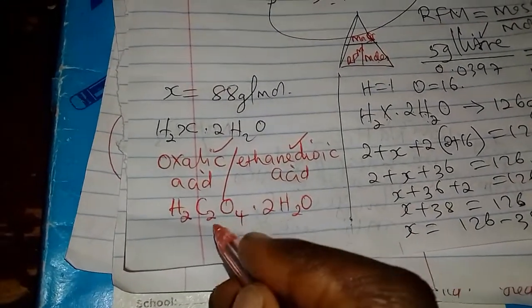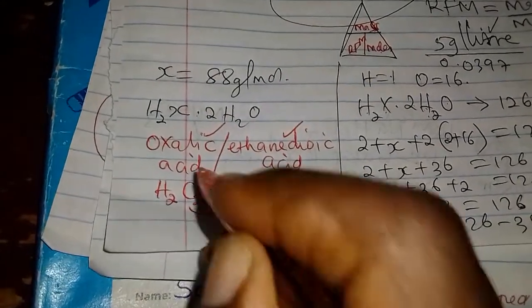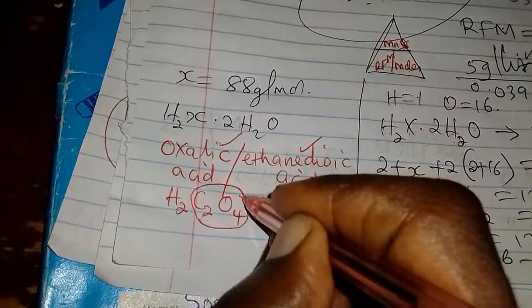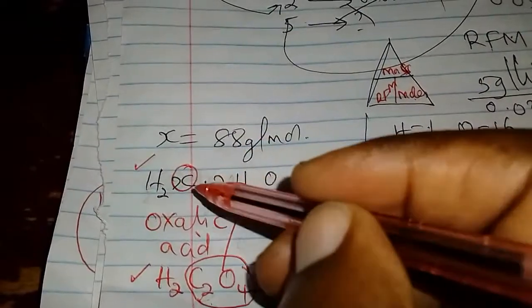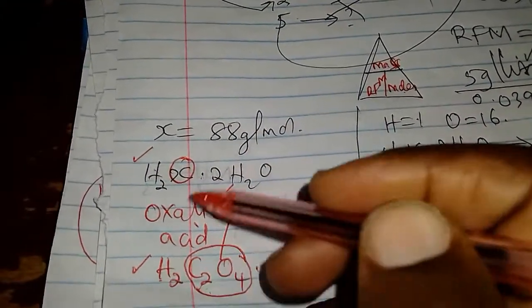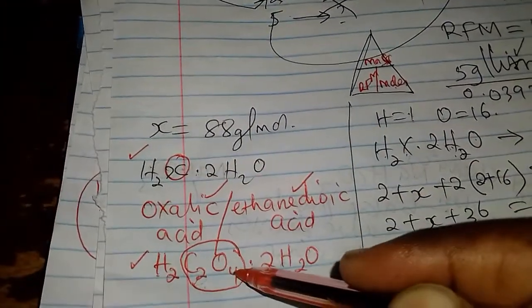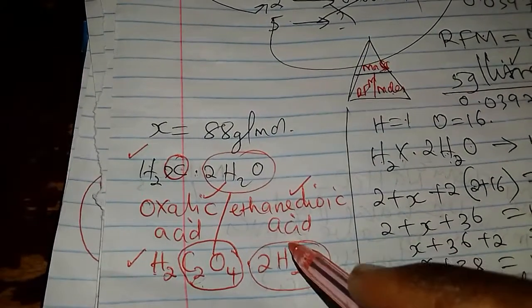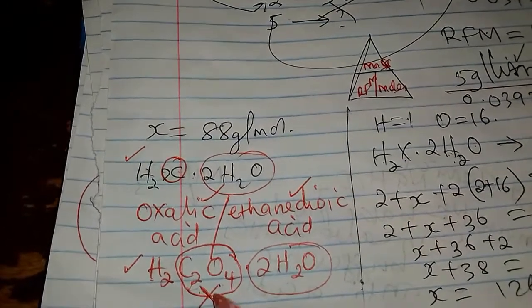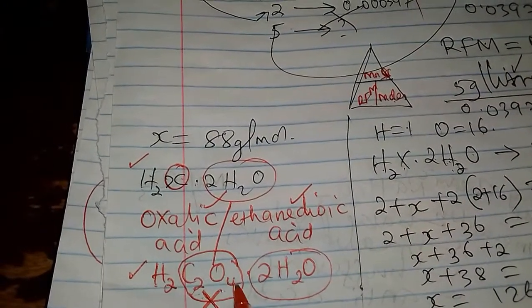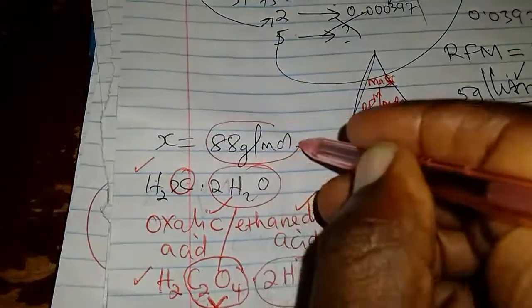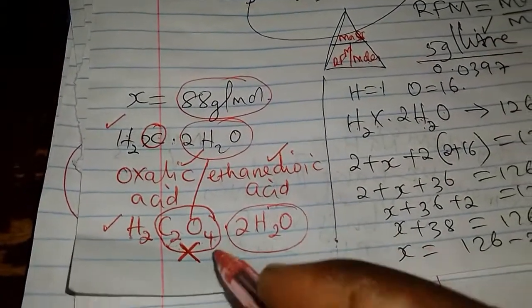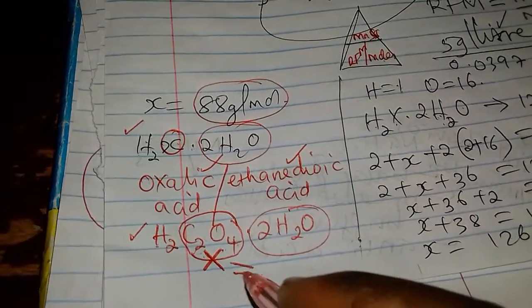So this C2O4 should represent the X, because we have the H2, so that means X is represented by C2O4. And then we have the 2H2O. So our X is C2O4 and our X is 88.